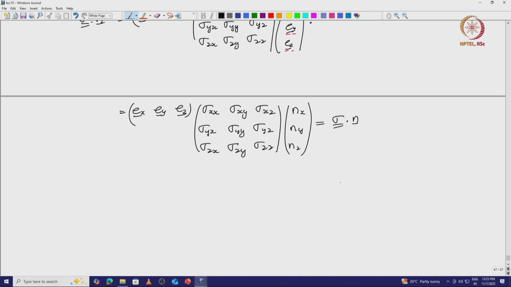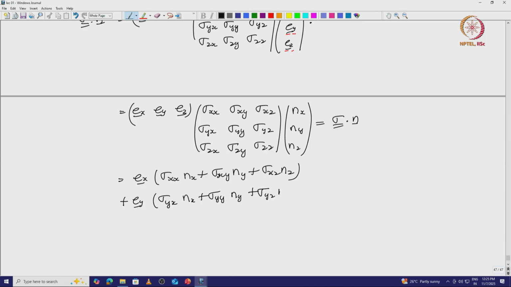If I expand it out, this will be equal to E x into sigma x x n x plus sigma x y n y plus sigma x z n z, plus E y into sigma y x n x plus sigma y y... Okay, that is what is meant by sigma dotted with n.